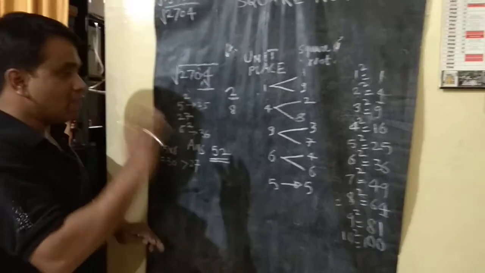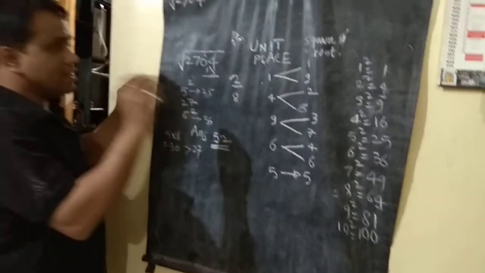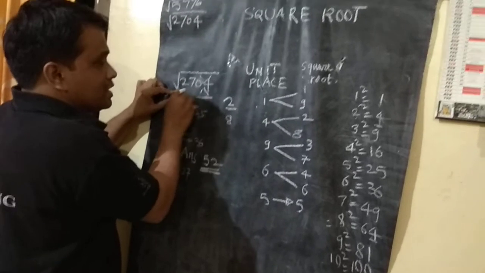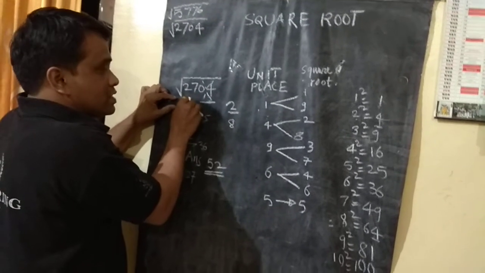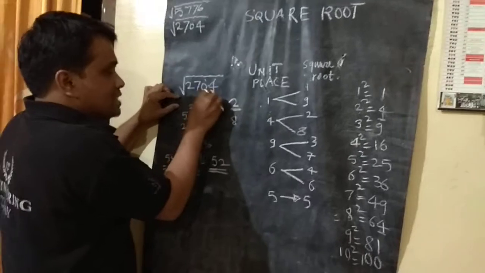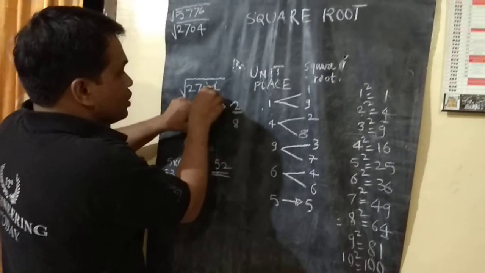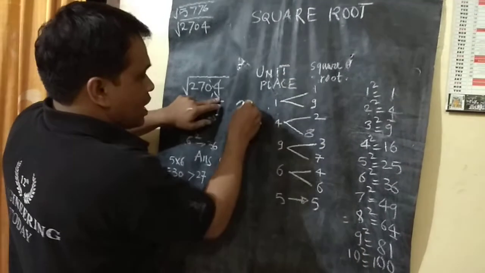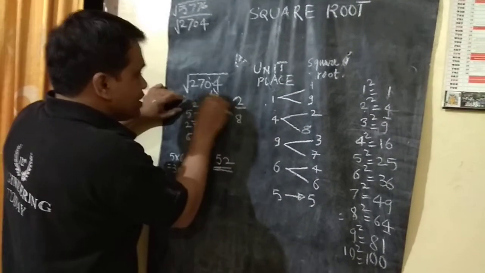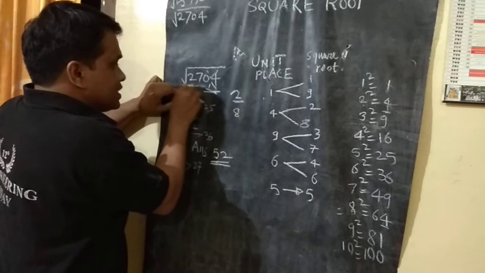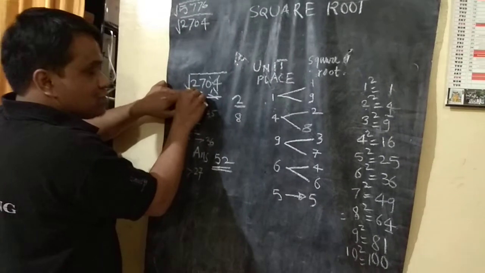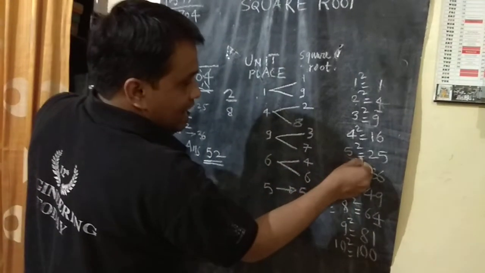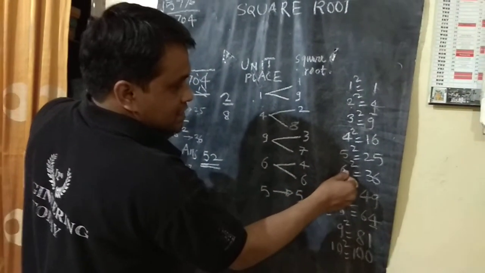I'll let you know how I have calculated this again. I'm interested to find out the square root of this number. Unit place is 4, so the possibility of square root is 2 or 8. So I have written here. Then I skipped these two digits and considered this number 27. I checked where it lands. It lands between 5 square and 6 square.